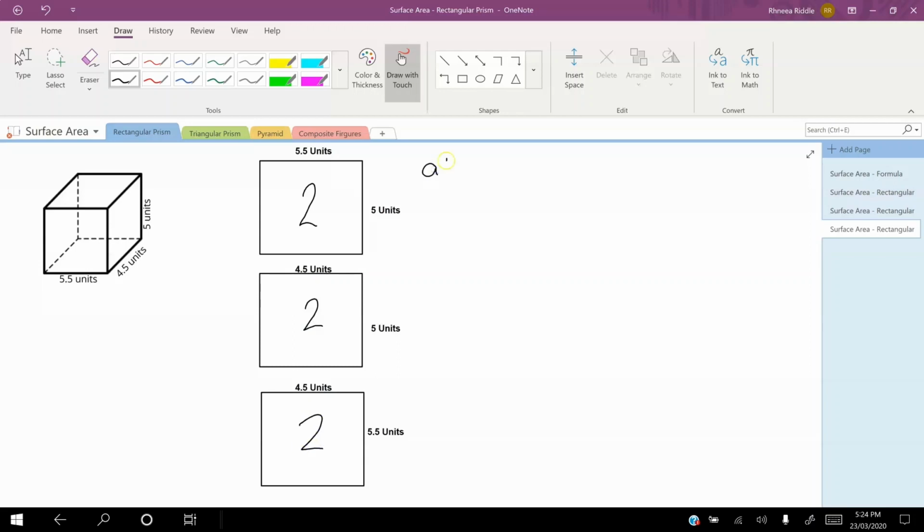So again, we're going to use our area formula, base times height, to get A equals 5.5 times 5. And when we do that, you should get 27.5 units squared. And there are 2 that are just like that one. So we're going to multiply that by 2 and get 55 units squared.